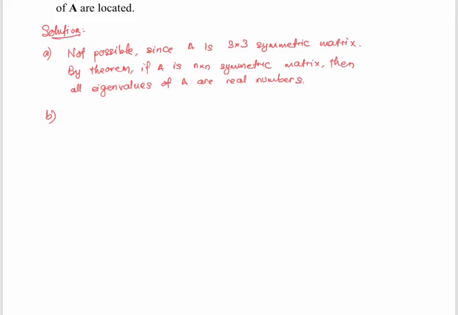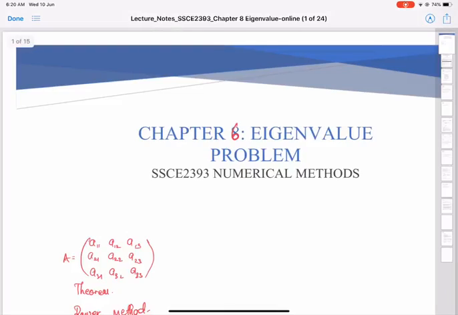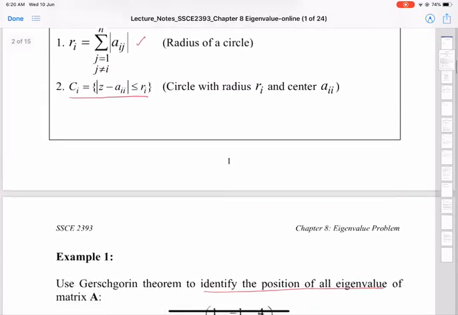The Gershgorin theorem is given by Ri, where Ri is equal to the summation from j equal to 1.